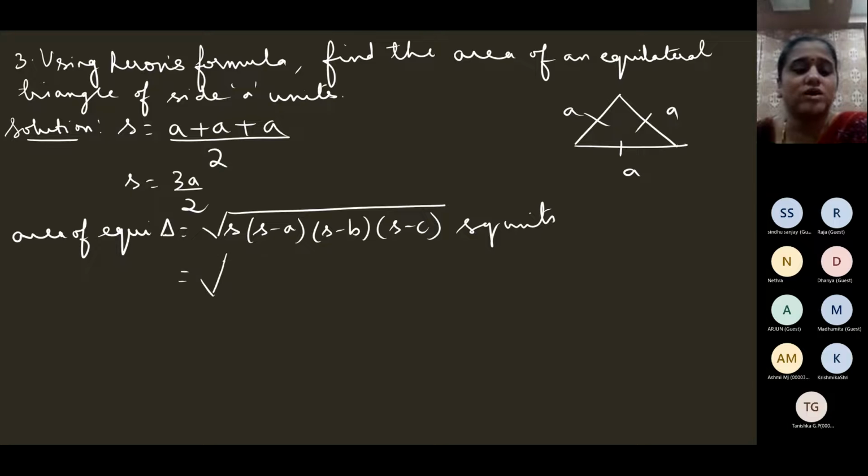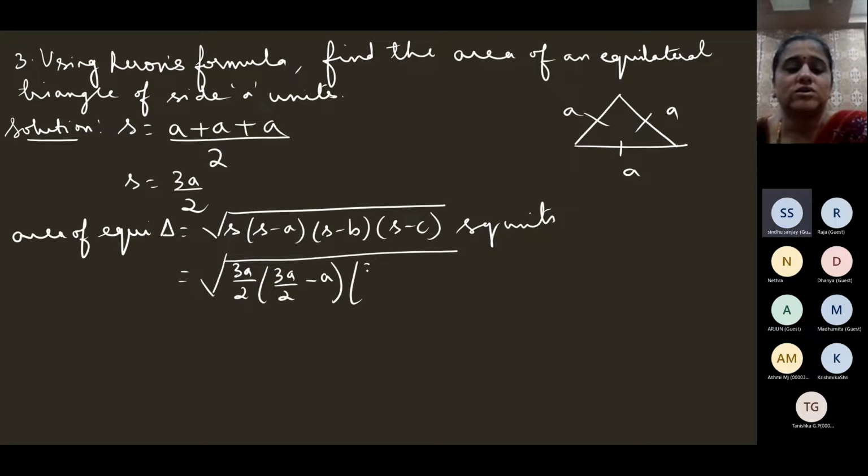So it is root of, what is S? 3A/2 into 3A/2 minus, what is the first side? A. Into 3A/2 minus, what's the second side? B. Into 3A/2 minus, what is the third side?